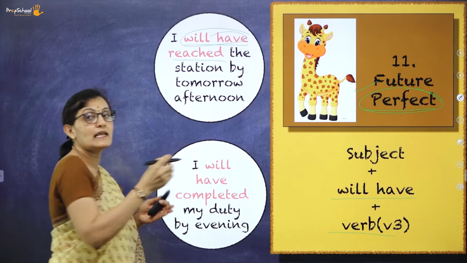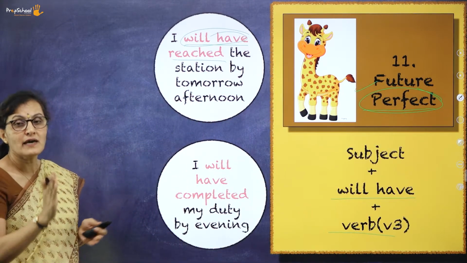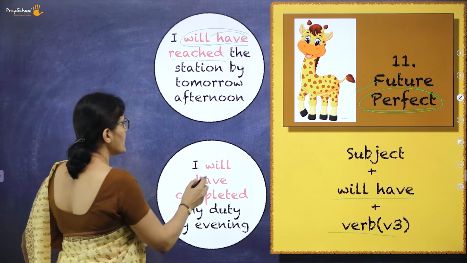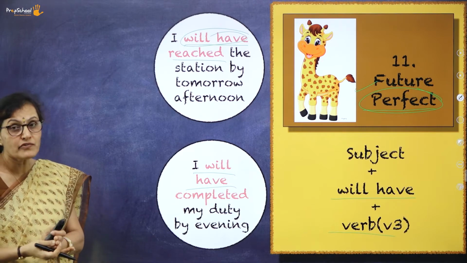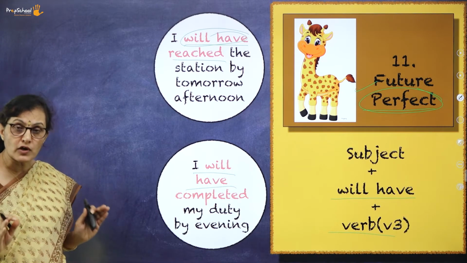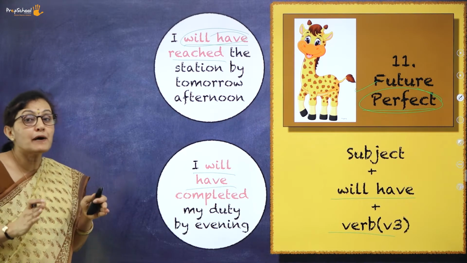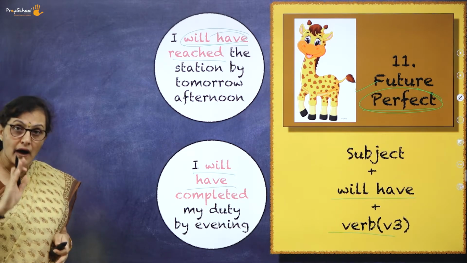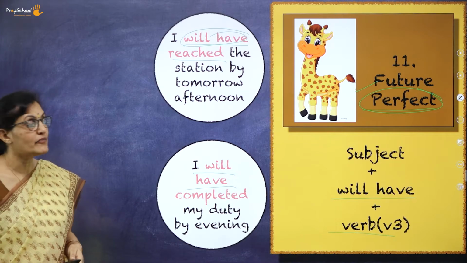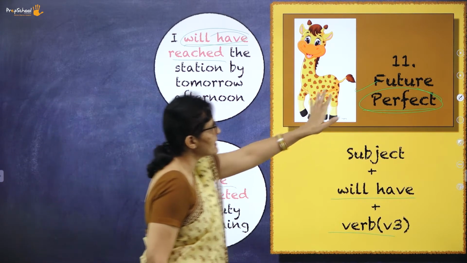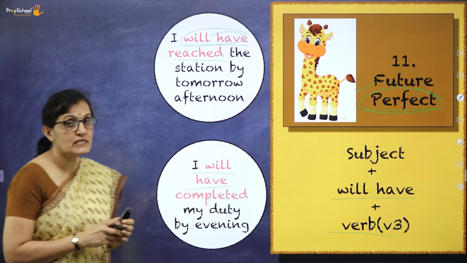You are surely telling, so that is why you are putting it as will. In the same way, if I say, I will have completed my duty by evening, I have not completed it now, but I am telling you perfectly, I will have completed my duty by evening. So that's why it comes under future perfect tense.